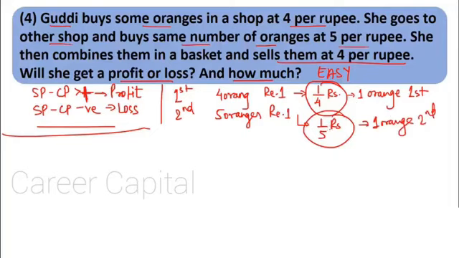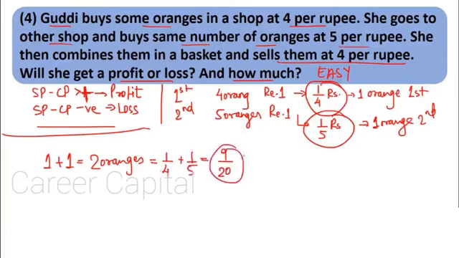Now if she takes 1 orange from the first shop and mixes it with 1 orange of the second shop, how many oranges do we get? 2 oranges. What will be the cost price for these 2 oranges? First orange price is 1 by 4, second orange's price is 1 by 5, that would be 9 upon 20, right? So this is the price of 2 oranges.